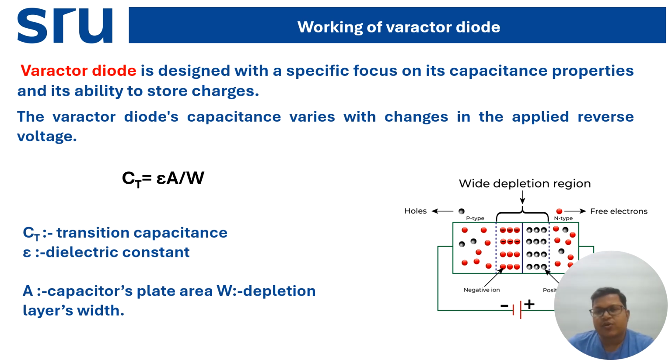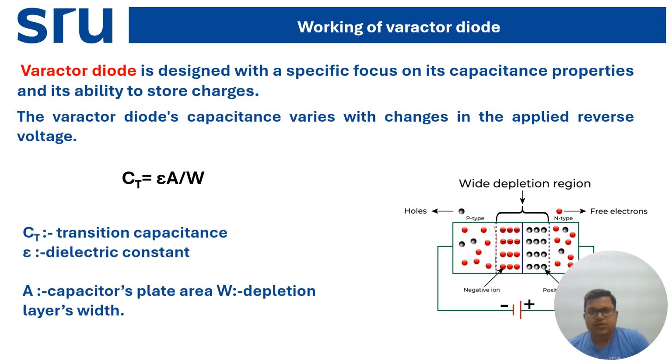From our understanding of the PN junction diode, as we change the reverse bias applied to it, the width of the depletion layer also changes. How? We can see from this image.